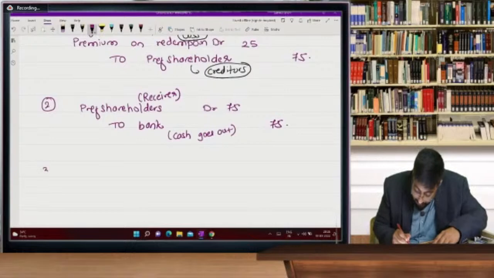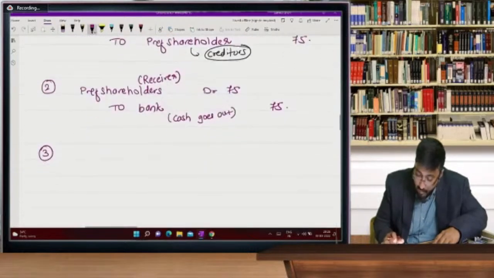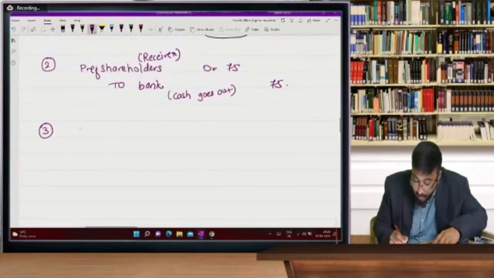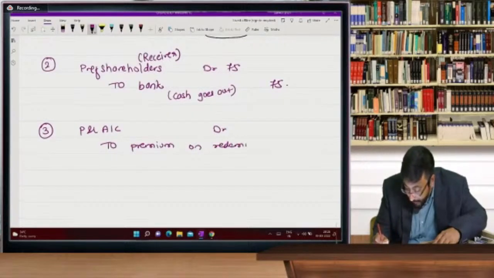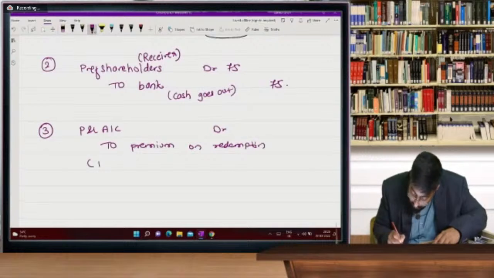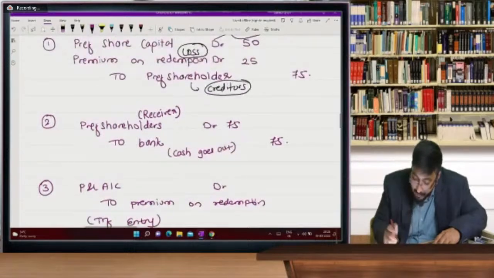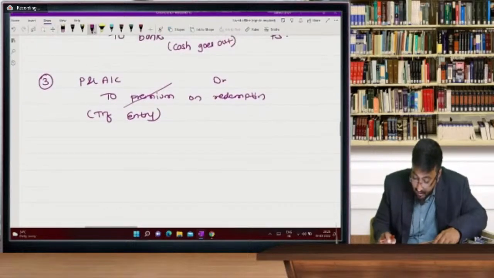And this premium loss is transferred to P&L account. So P&L account debit to premium on redemption. This is a transfer entry. This premium account is getting cancelled. Shareholder will get cancelled.